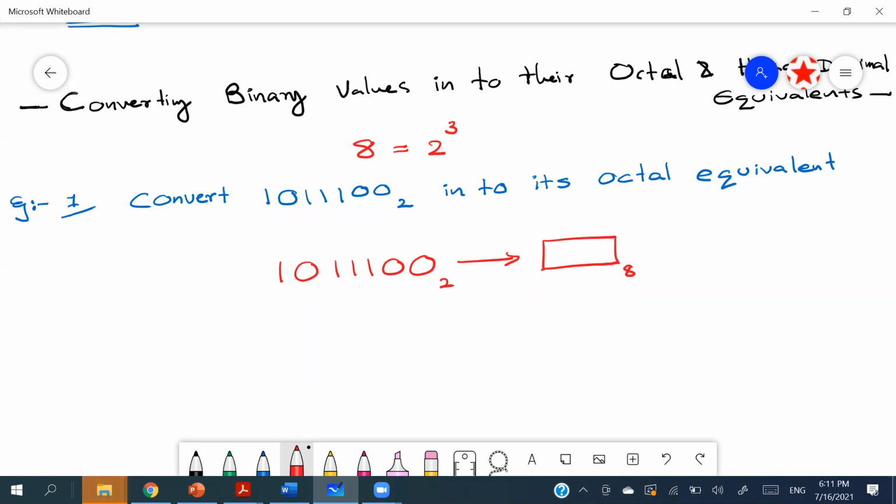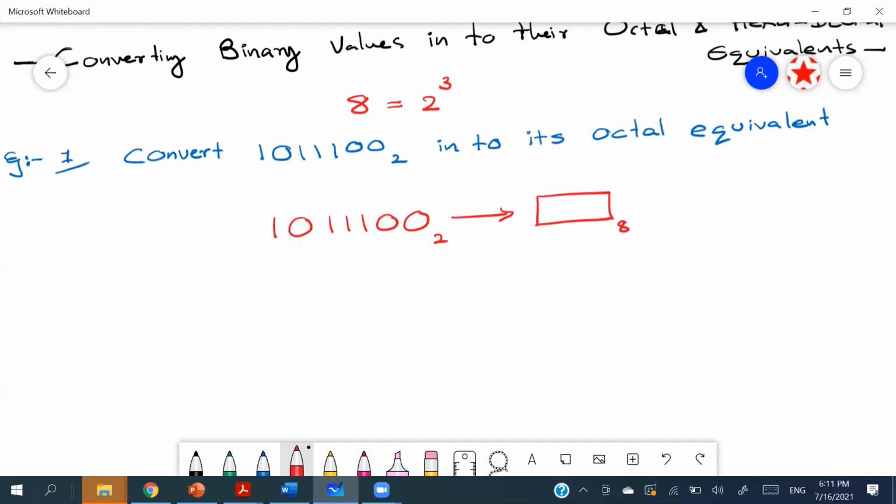First, we are going to take the number which is given in binary, and starting from your right hand side, we are going to separate the characters of this binary number into 3-bit groups, right?